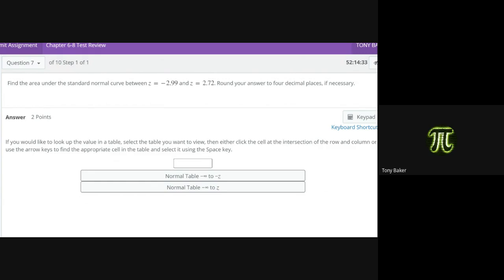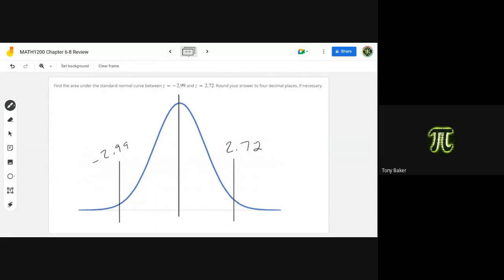Remember, my mean is in the middle. I'm drawing it out. I figured you could look at this for a second, because once I switch over, you're not going to be able to read the question. So that's my curve, and they want to know the area between these two. So they're looking for this area in here.